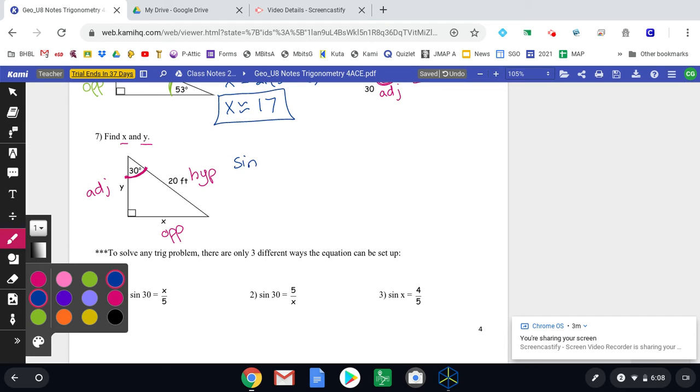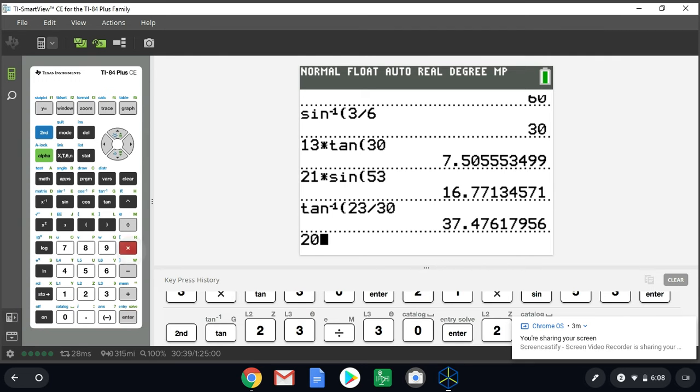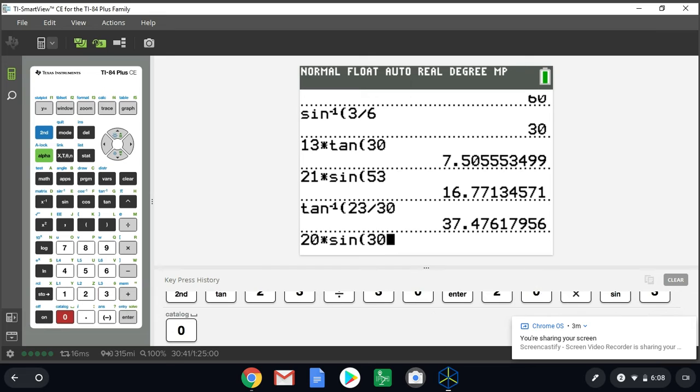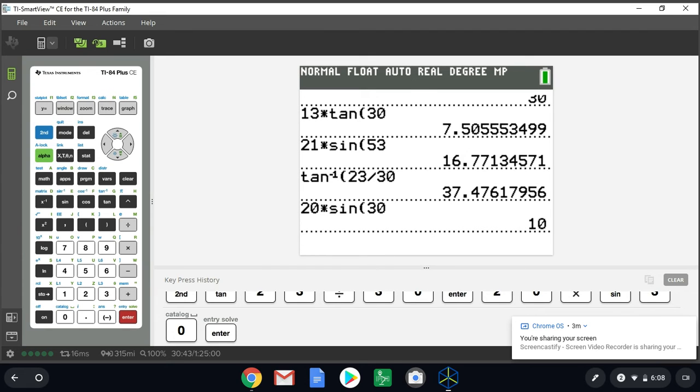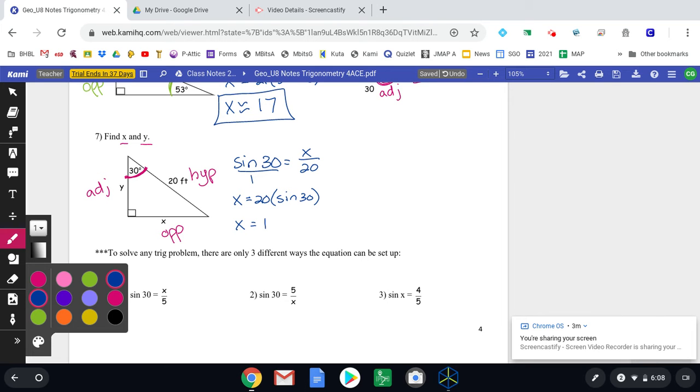We could do sine of 30 equals my opposite over my hypotenuse. So cross multiply, 20 times the sine of 30, 10. Oh, that's a nice number. Okay, so x equals 10.